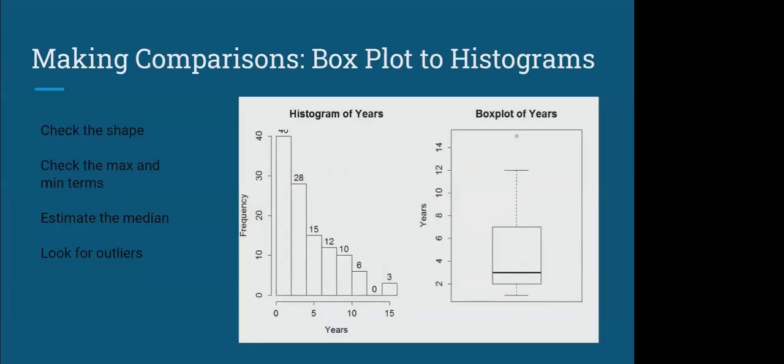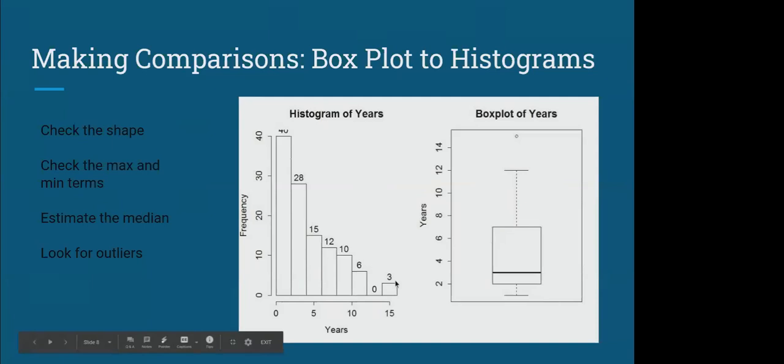So now, in making the comparisons, again, you want to see if you can find any of these four things. So check the shape. Well, again, it is always easiest to see the shape of a histogram.